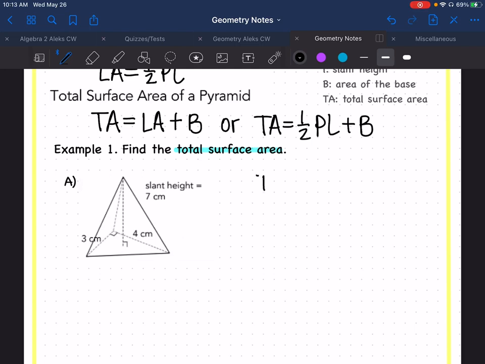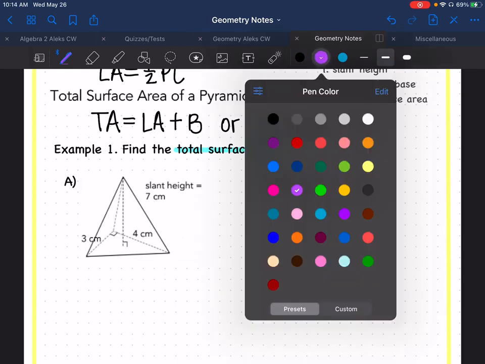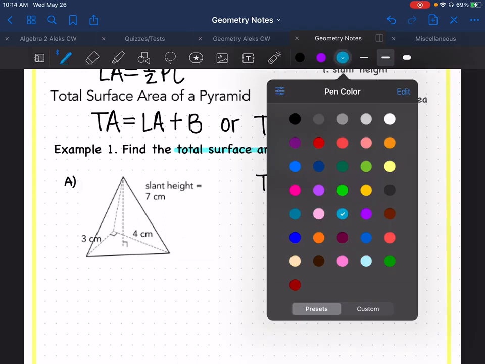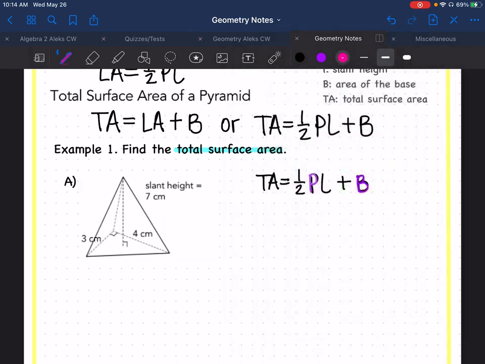I'm going to write down the formula, and then over to the side, I'm going to take care of P and B. Now they come from the same thing, so I'm going to make them two different shades of purple. I hope you can see that one is lighter and one is darker. And then just because I think it'll stand out more, I'm going to make the slant height in pink.